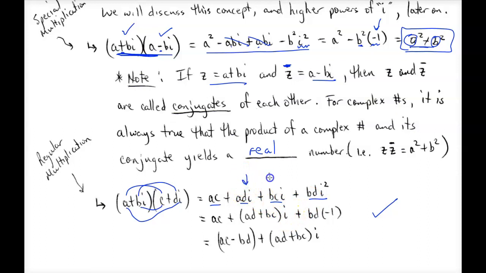Then of course both terms that have the i's in them will be combined together. This term is not a like term with these other two because we know i squared equals -1. And thus this term here is really just a minus bd. So that's why it gets paired up with ac here.